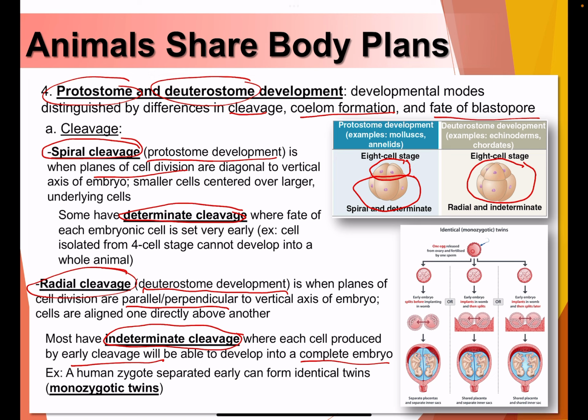Identical twins are formed from a single embryo or zygote, where a sperm has fertilized the egg, and now you have this ball of cells that's maybe in the blastula stage.